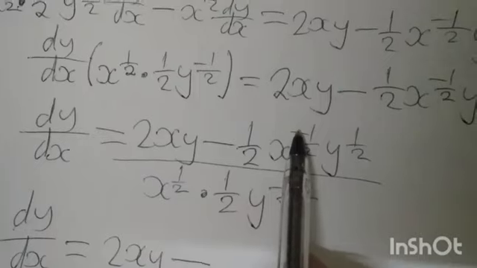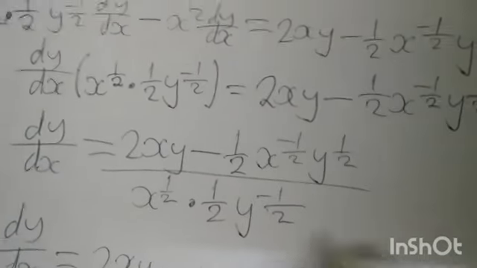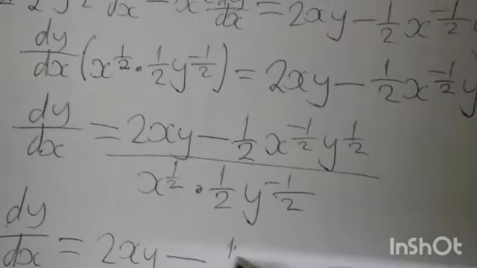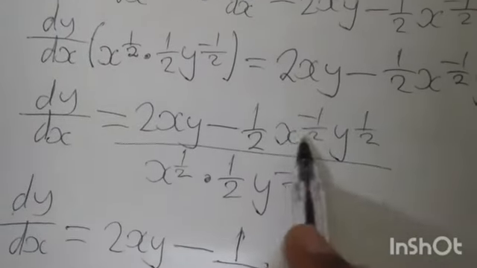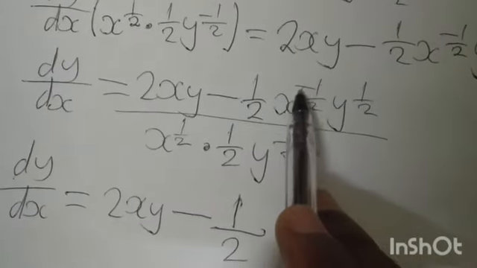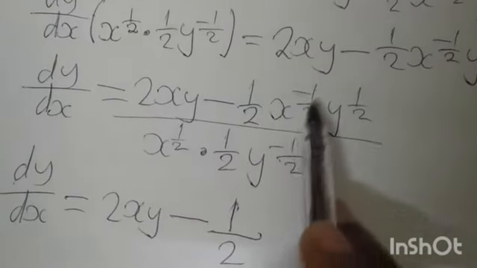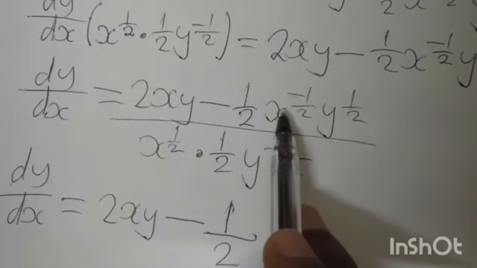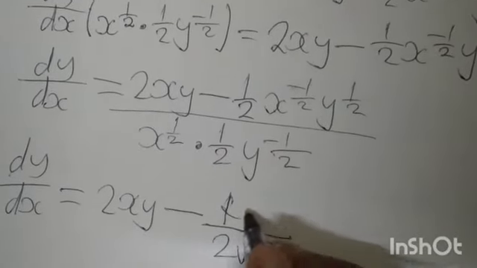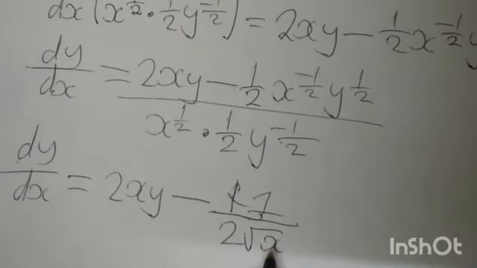Since we have a negative power, we introduce an inverse. So 1 will still remain here over 2, and to get rid of the negative it will be root of x. So it will be 1 over 2 root of x here.